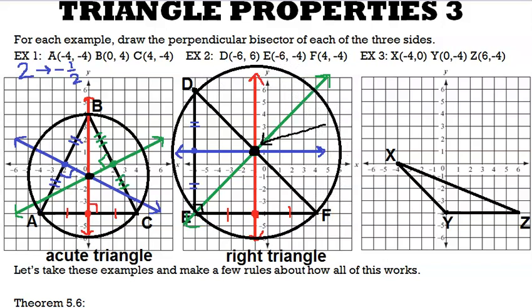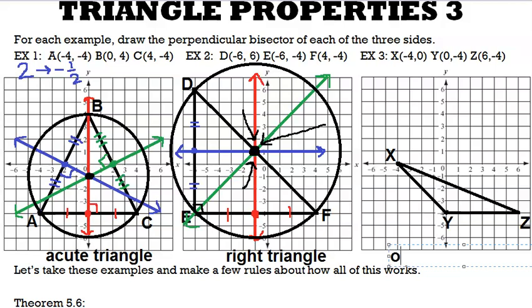Whoa. Now, that being said, take a look. What's the center of the circle? It's where the 3 perpendicular bisectors touched. So even though our drawing was completely different, the same rule ended up showing up again.